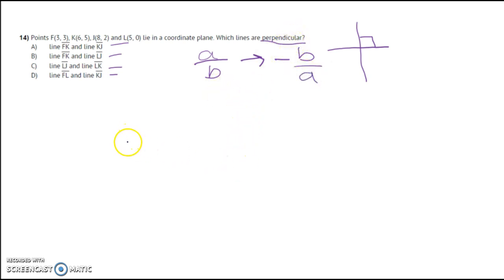So what we're going to do is find the slope of each line and see if any of these sets make a perpendicular pair of lines. Let's just start with A and work our way down. Line FK. Remember, slope is y2 minus y1, that's your rise over your run, x2 minus x1.